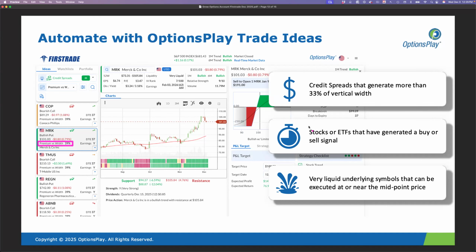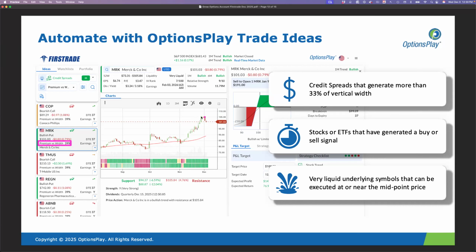And then specifically, we want to overlay that list with stocks that have generated that buy or sell signal. So for example, Merck has had this nice run up. It's recently pulled back a little bit. So the opportunity is most optimal from a timing perspective to establish a long position through a bullish credit spread using Merck, because Merck was collecting 39% of the vertical width.